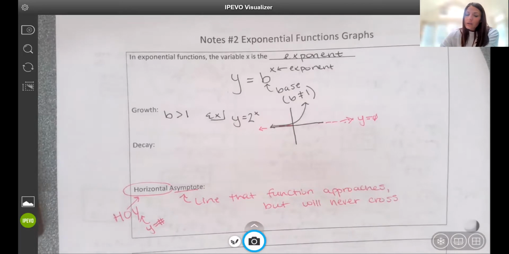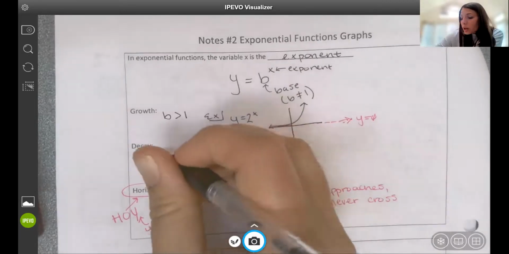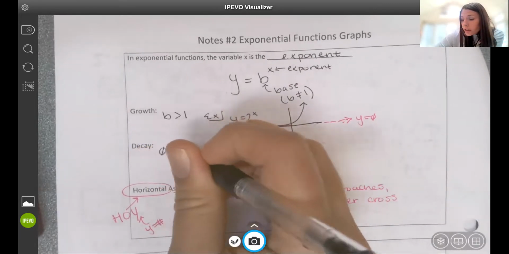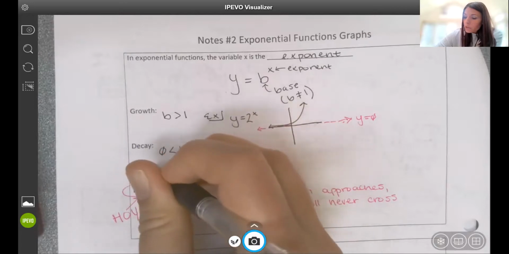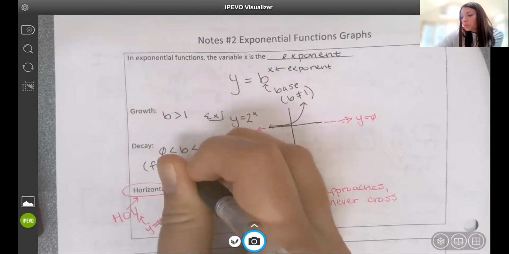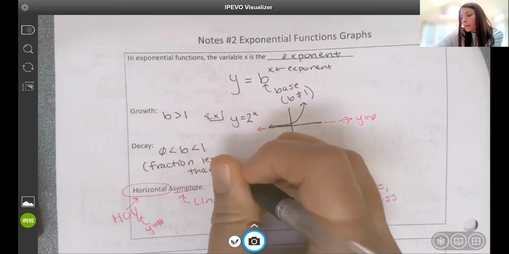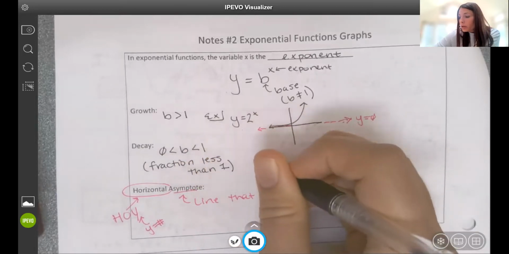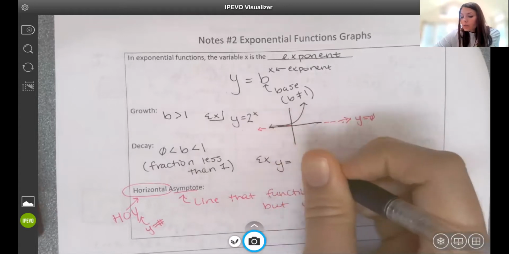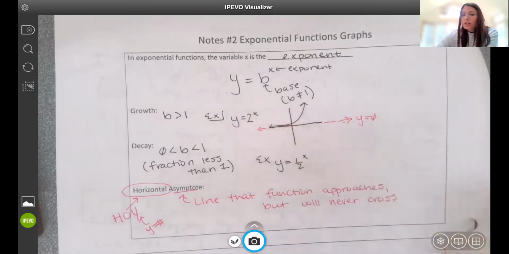Now, the same idea is going to happen for our decay. In order for something to be exponential decay, our base has to be between 0 and 1, or a fraction less than 1. So for example, y equals 1/2 to the x power.